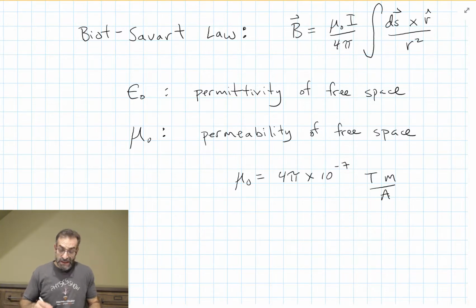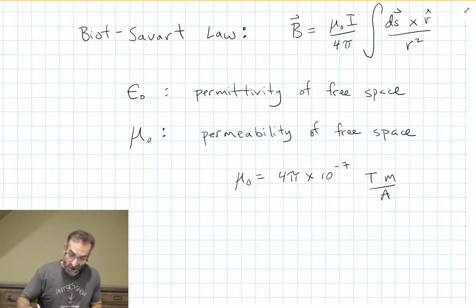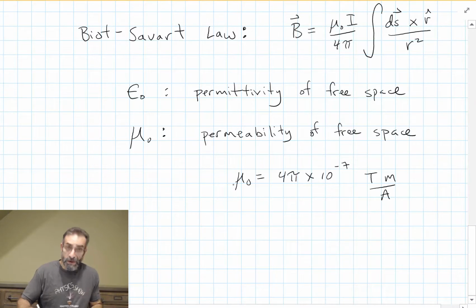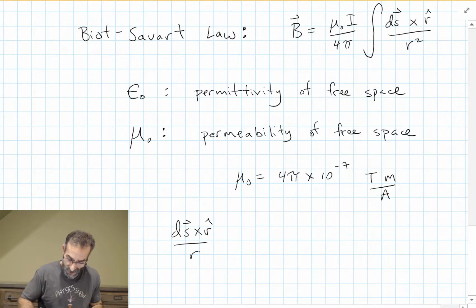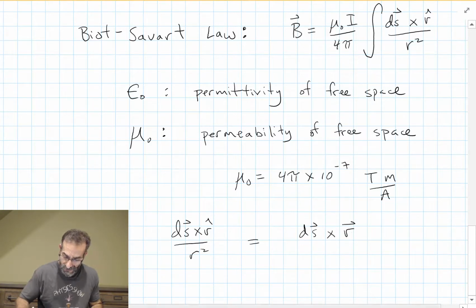And some textbooks don't write the Biot-Savart law like this. I like to write it this way because we used a textbook for a long time that writes it this way. The ds cross r hat over r squared is exactly the same as writing ds cross r vector over r cubed.